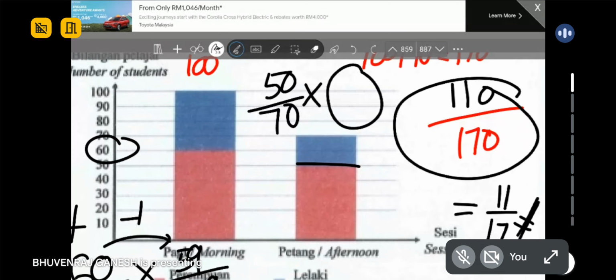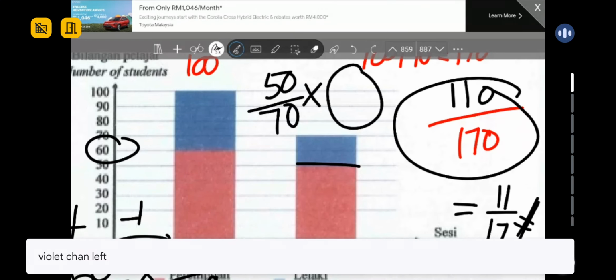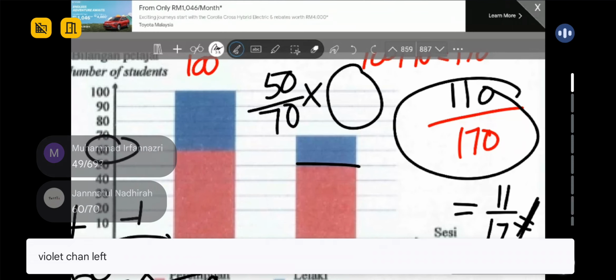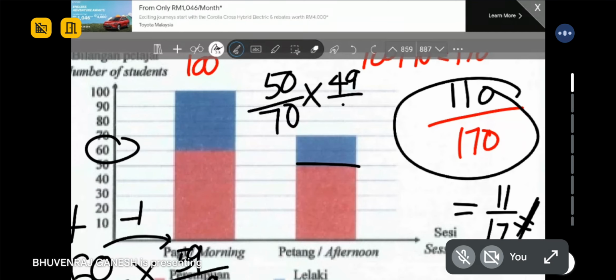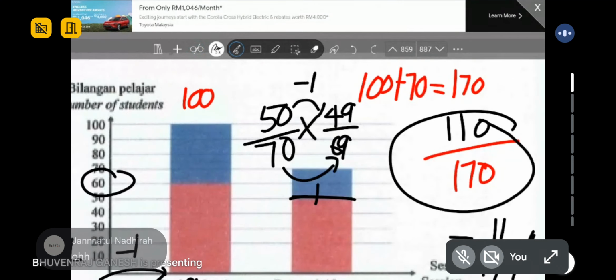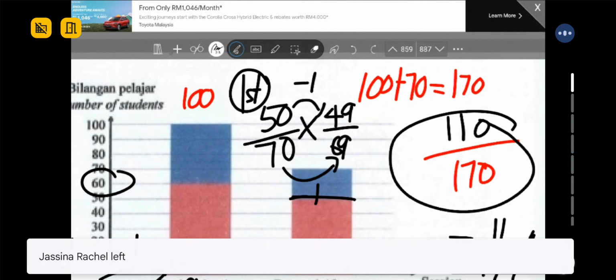So how much? What is the value for the second probability? Anyone got idea? Yes, very good. Okay, the answer is 49 over 69 guys. Do you understand why? It's the same concept like just now. Minus 1, minus 1. Kamu kena tolak satu atas bawah. Sebab kamu dah pilih satu perempuan dah. Faham tak?